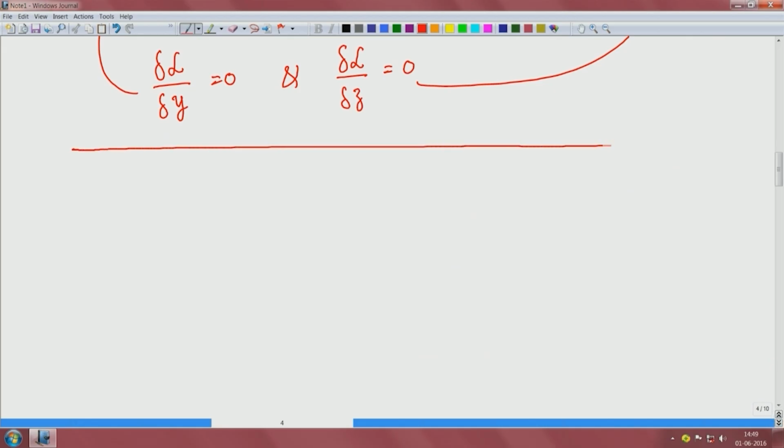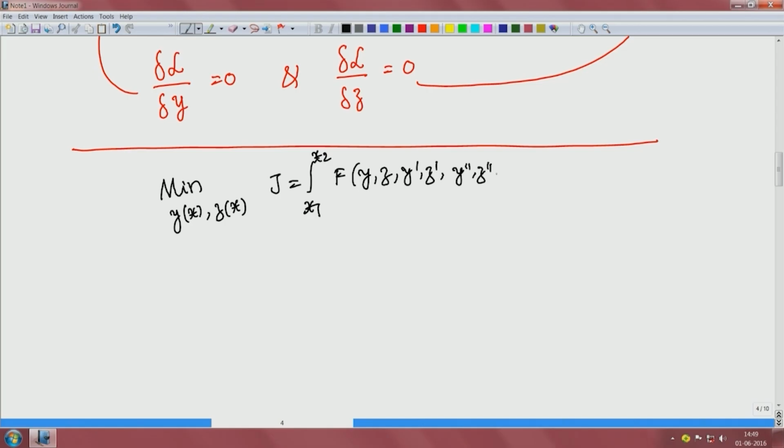Okay. So, with this let us recapitulate what we have discussed so far for constraints. If I have a general problem, minimize over y of x, z of x, two functions, a functional j which is f, it depends on y, z, y prime, z prime, y double prime, z double prime, and so on, any number of derivatives does not matter, subject to constraints.